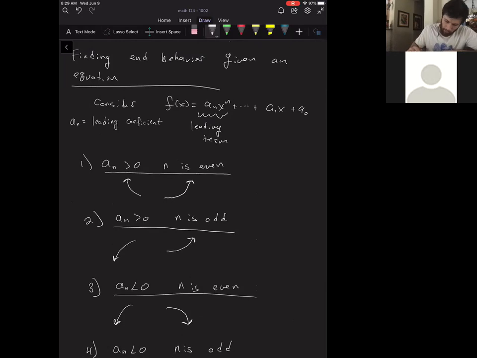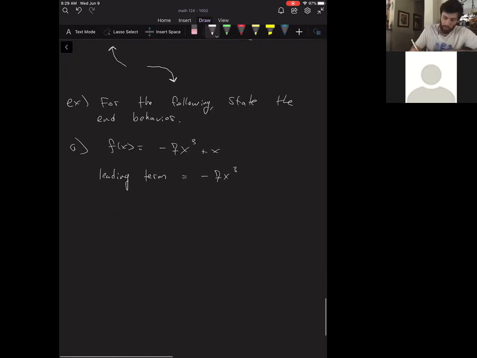So in this situation, our leading term is minus 7x to the 3, so our leading coefficient is minus 7, which is negative, and our power, which is 3, is odd.